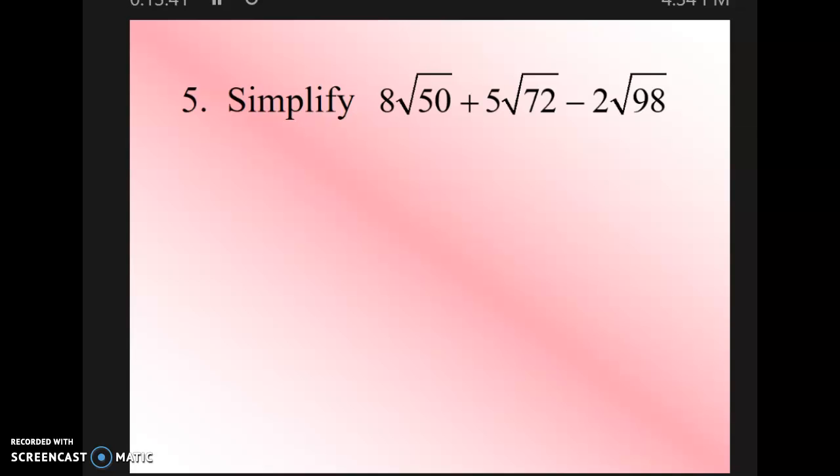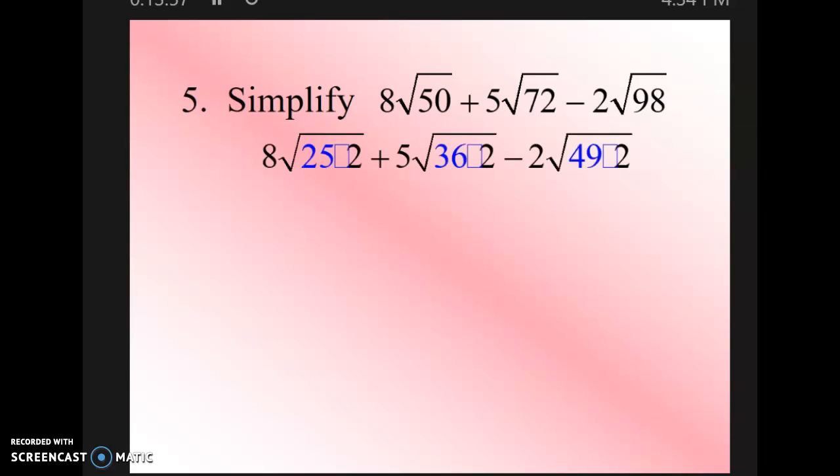All right, so we're going to try to pull out a perfect square from the 50, the 72, and the 98. And this is what it looks like.